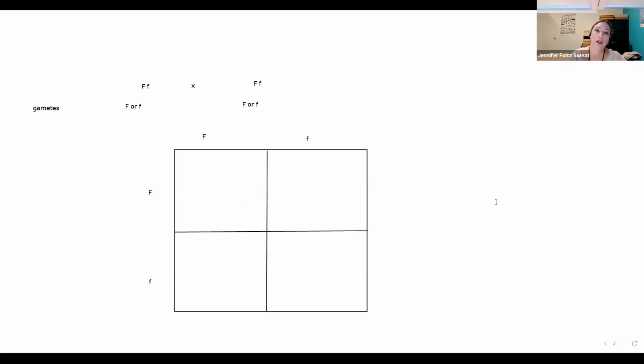Okay, so now let's fill in the squares, and this would represent fertilization. So just to remind you, in this first square, we have big F coming down, we have big F coming over, which gives us big F, big F.